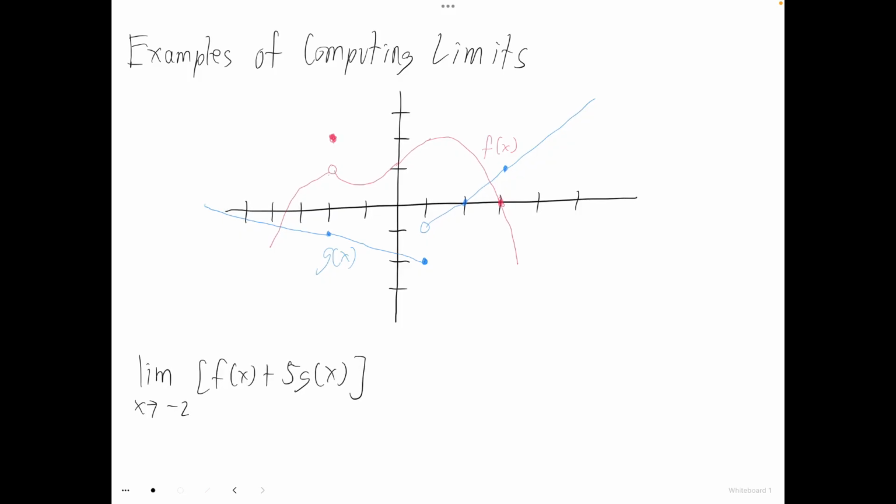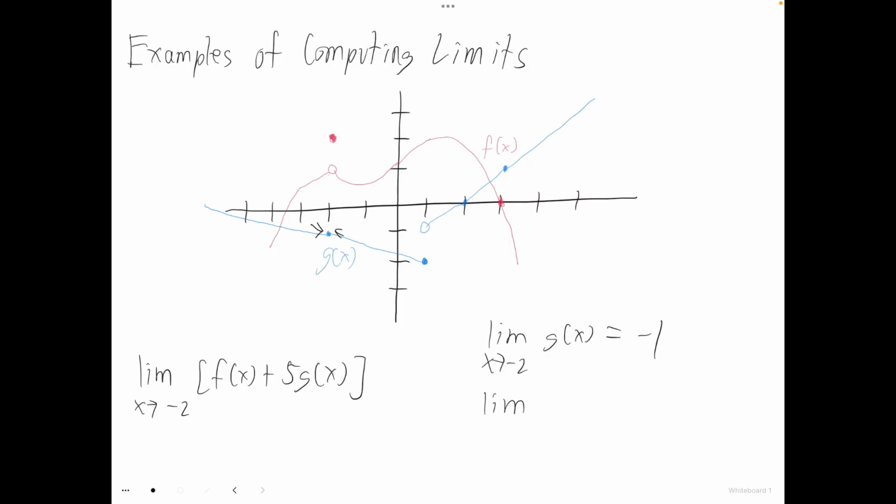And so remember, for our limit properties to work, we have to check that the limits actually exist. Now at minus 2, we see that the limit of g of x is going to be approaching negative 1. So as we approach negative 2, we're going towards this point, which is negative 1.